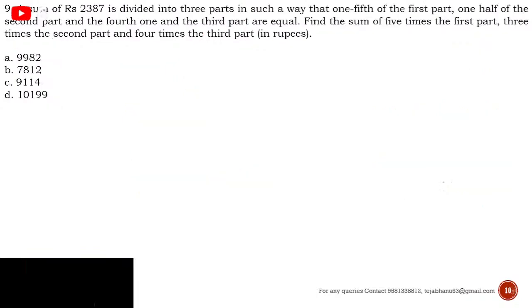Next one. A sum of 2387 is divided into 10 parts in such a way that 1/5 of the first part, 1/2 of the second part, and 1/4 of the third part are equal.